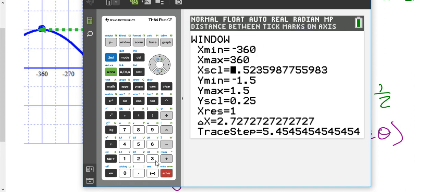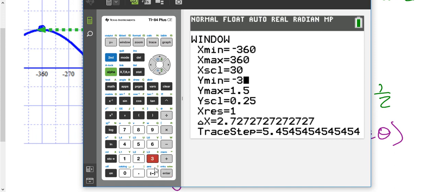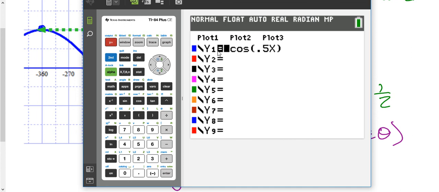Let's go up by 30. And our y values are going as low as negative 3, high of 3, going up by 1 there. Okay, so if I graph this first one, and again, this is what I'm graphing, 2 cos 0.5x, do I match up?